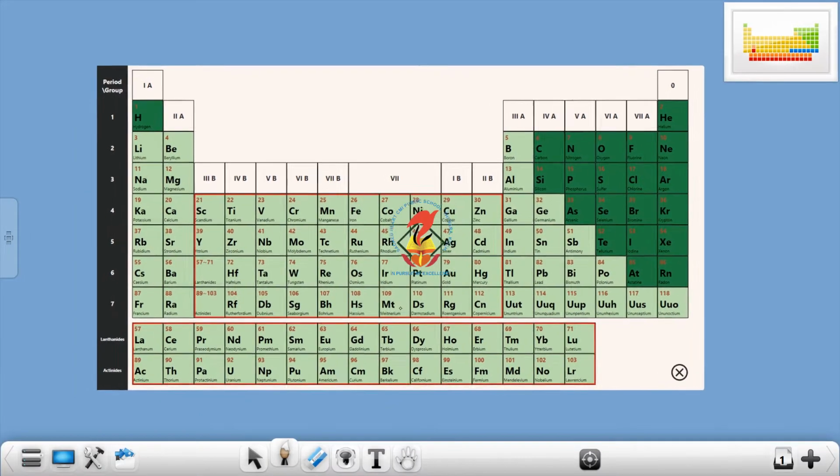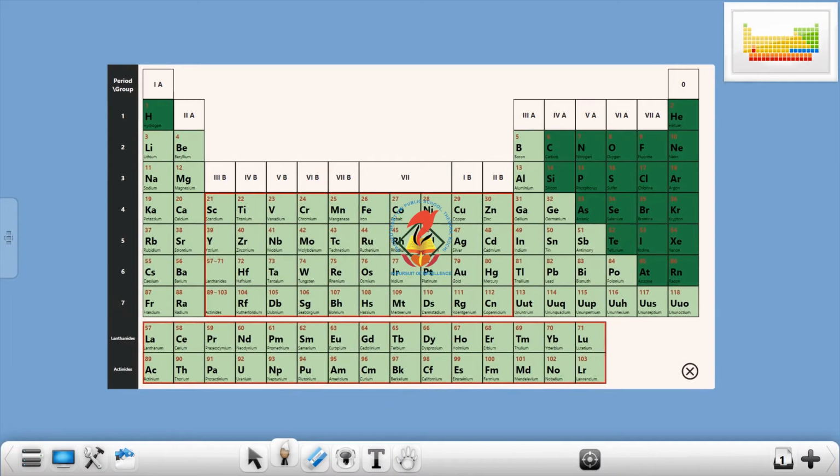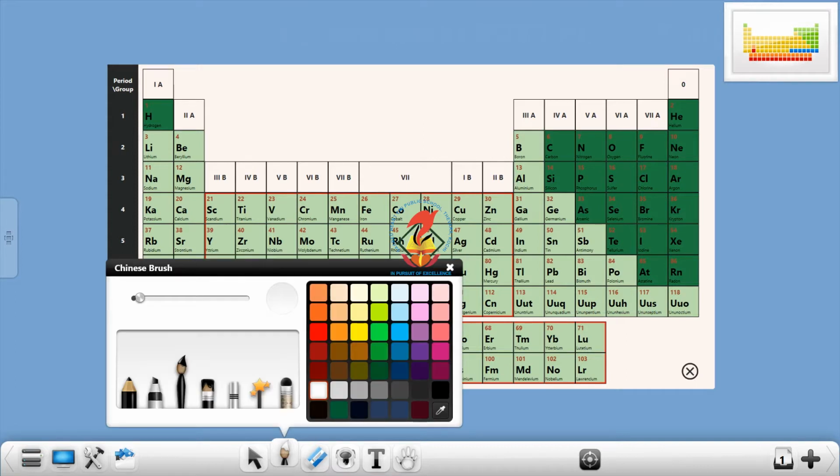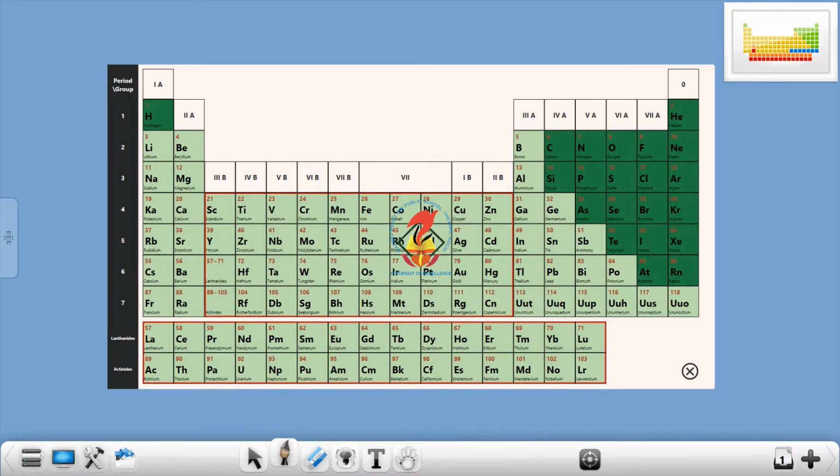Now, this is the modern periodic table, and you can see the horizontal rows are called periods in the periodic table, and we have 7 periods, and the numbers are written here.